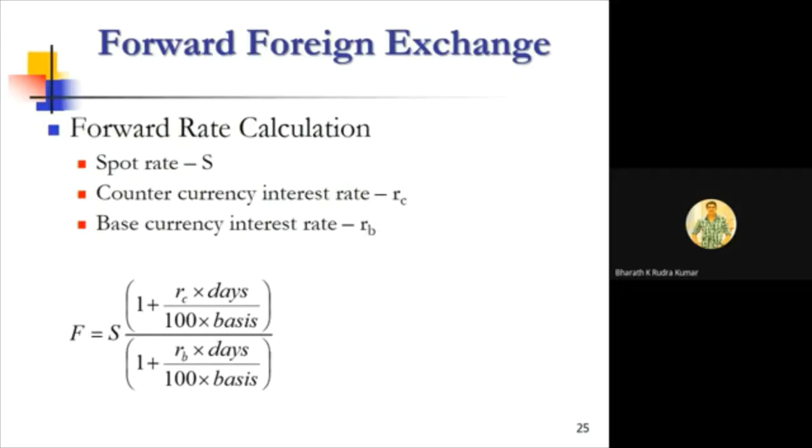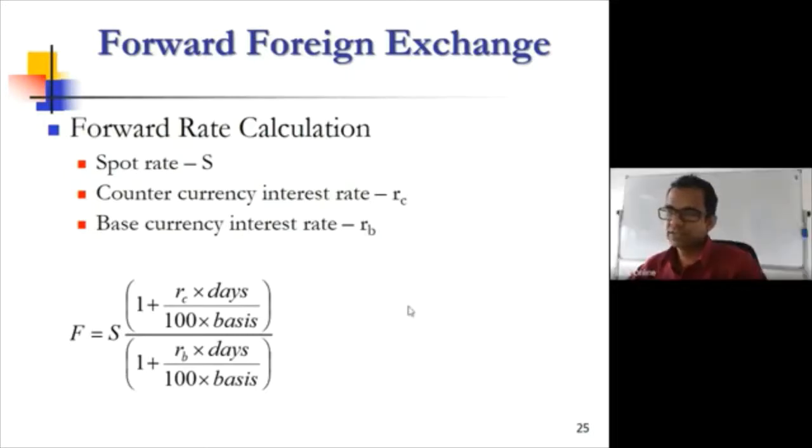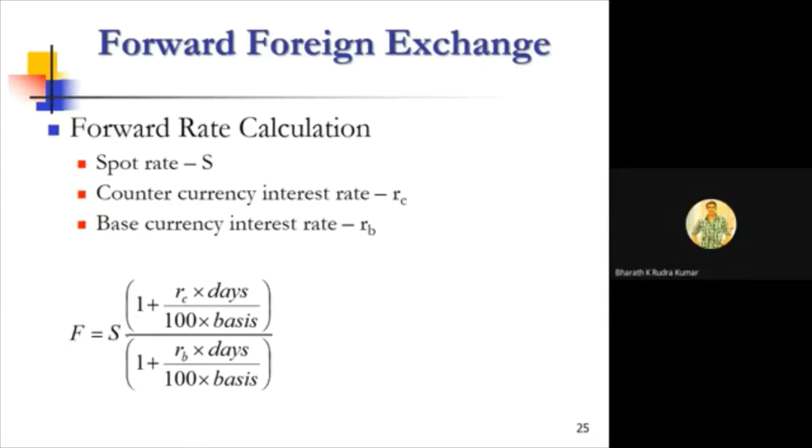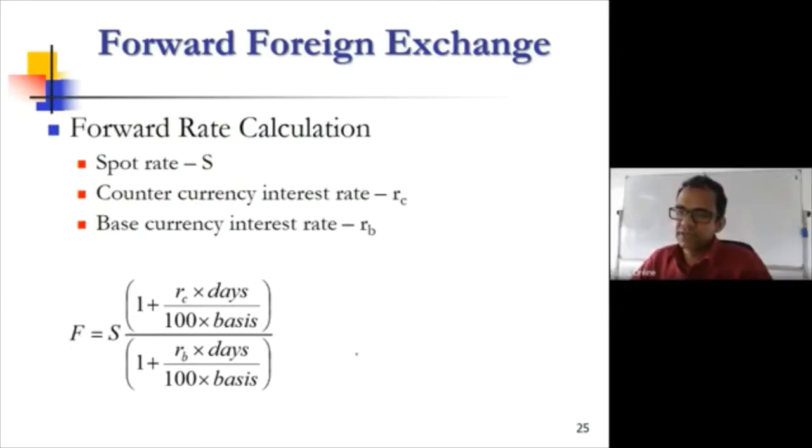No, that equation is slightly different. This is the forward rate. What is the equation for the points? Page number 30. What is the equation? It's not just minus 1 here. There's a difference. You have to put a bracket here.